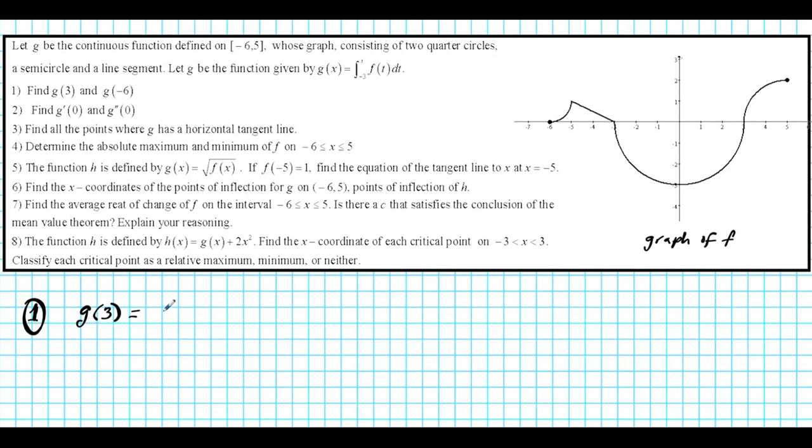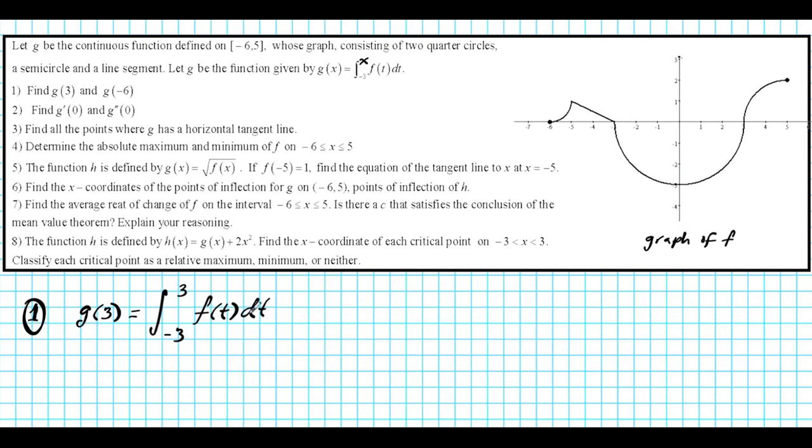G of 3 is going to be the integral from -3 all the way to 3 of f of t dt. So all I just did is with this x right here, I just replaced it with 3. Okay? So to find the definite integral of a function, if you have the graph, the graphical approach will involve finding the area.